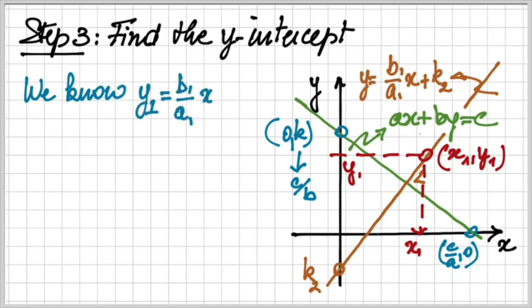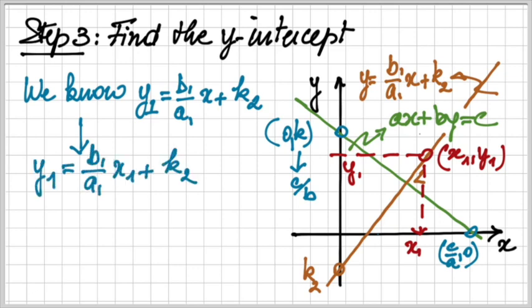Now we know that y1 is equal to b1 divided by a1 times x1 plus k2.